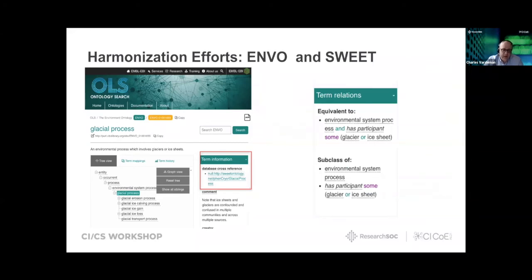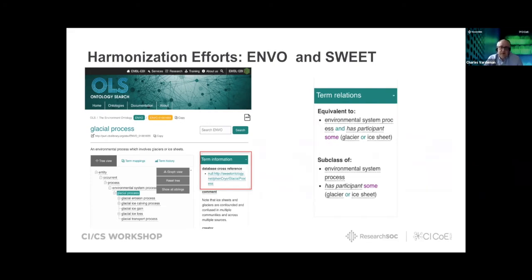So an agent coming in knows that in SWEET and ENVO, these glacial process terms are almost exact. There may be some slight differences in terms of reasoning, but as far as being able to use the term interchangeably, you can. And you'll notice here that there's also a database cross-reference back to the SWEET ontology.